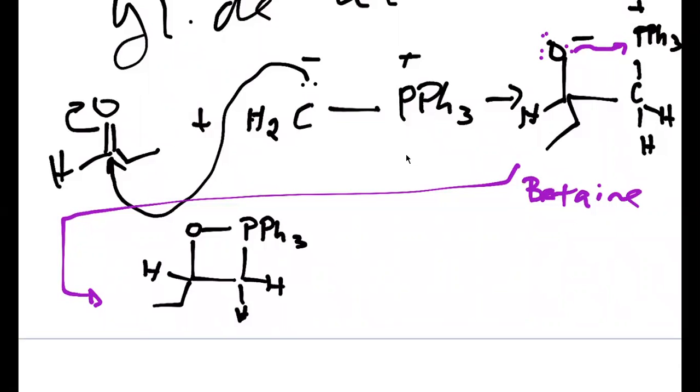So if I want to put a pi bond here, because that's where my alkene is going to come from. How could I do that from this intermediate?